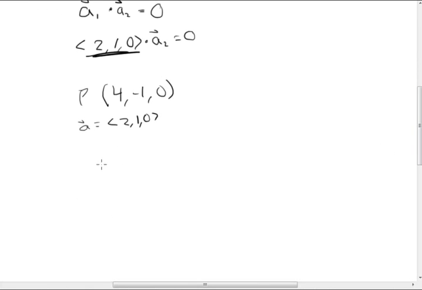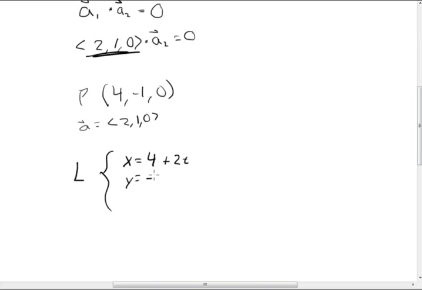And we remember our line equation is three parametric equations. X is equal to the x coordinate of this point, so 4, plus the x component of the vector A times t.